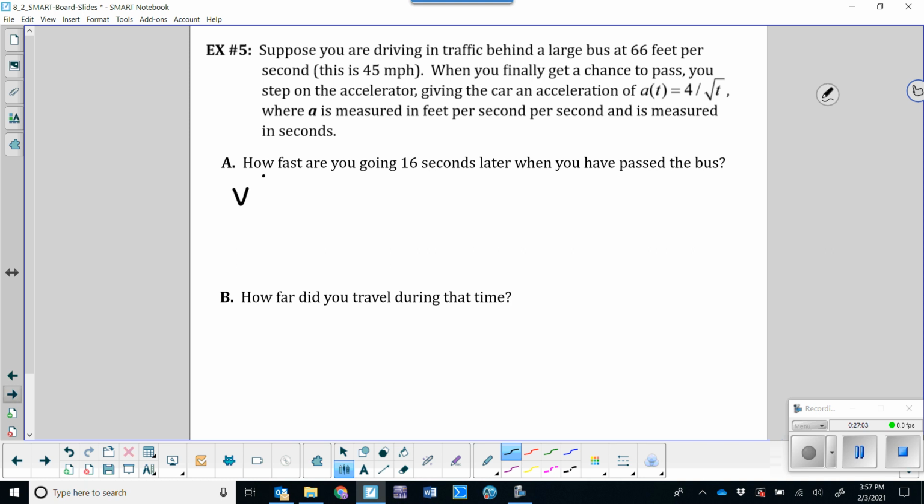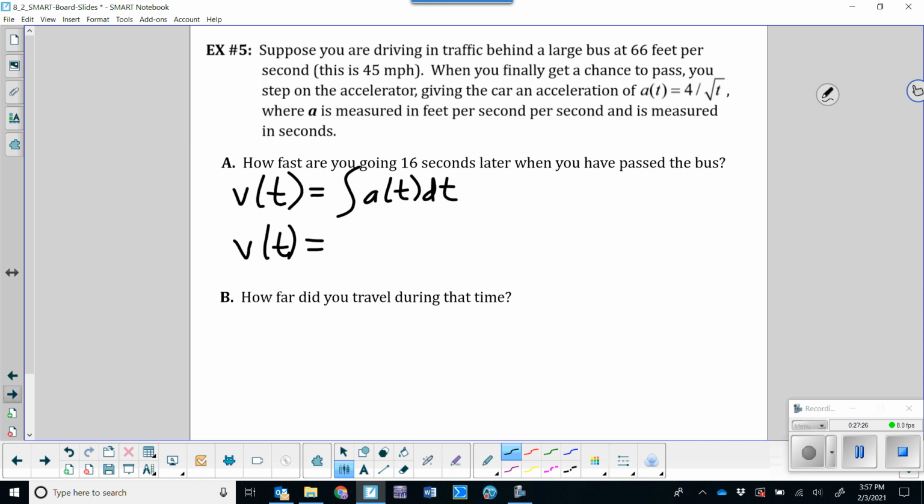Okay, so we know that the absolute value of velocity is going to give me my speed, right? So velocity is going to be the integral of acceleration, and I have a formula for acceleration. So you're going to get velocity as an equation if we integrate acceleration.